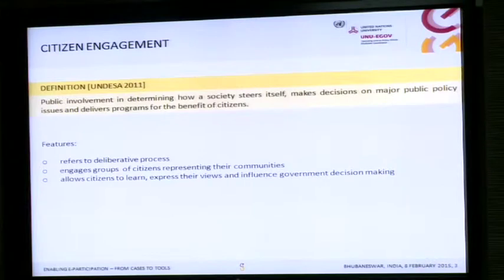So let's start with understanding what citizen participation means. And before talking about participation, I will talk about engagement. What is citizen engagement? It refers to public involvement in determining how the society can steer itself, how the society can make decisions on major public policies that affect citizens' lives, and how governments can deliver programs that can really benefit citizens.